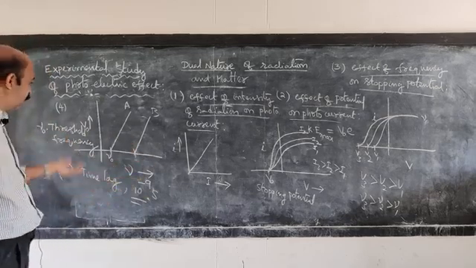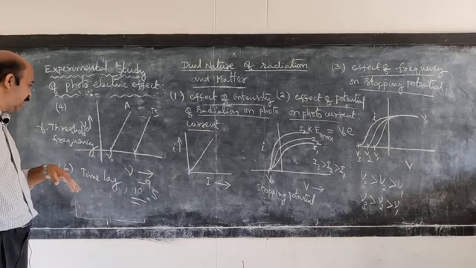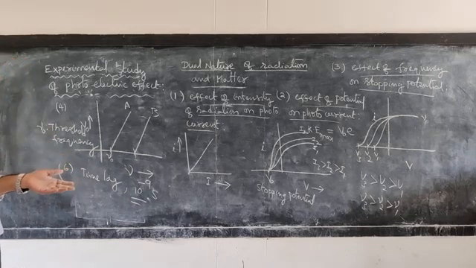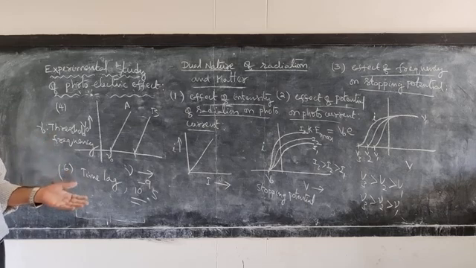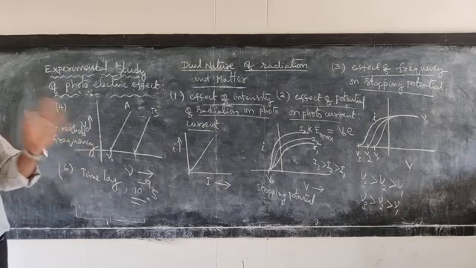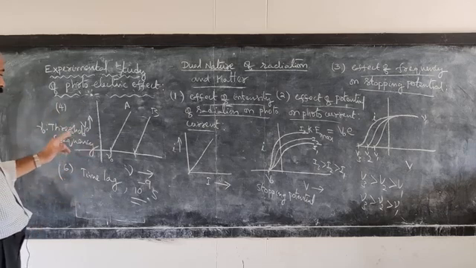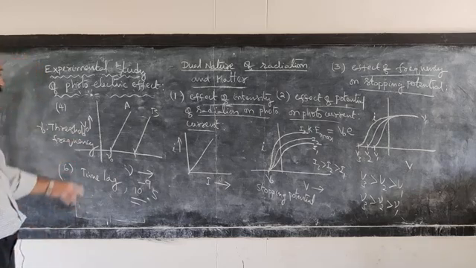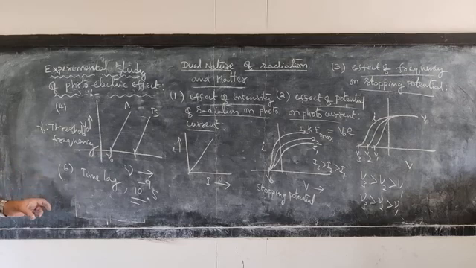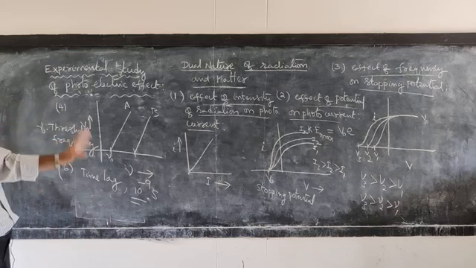The fourth one is that for every metal surface there exists a minimum frequency for which only we can observe photoelectric emission. That frequency is called the threshold frequency. So for a given metal surface, there exists a minimum cutoff frequency or threshold frequency for which we can observe photoelectric emission.